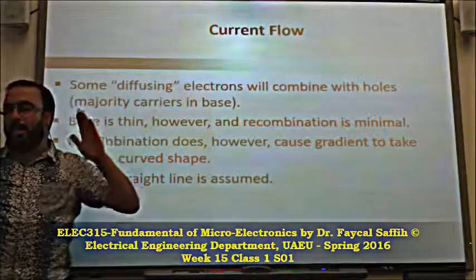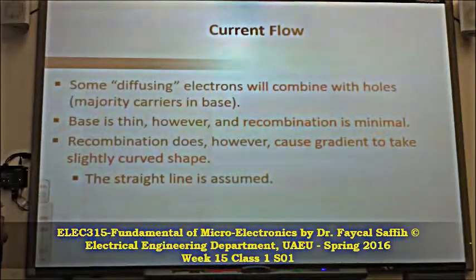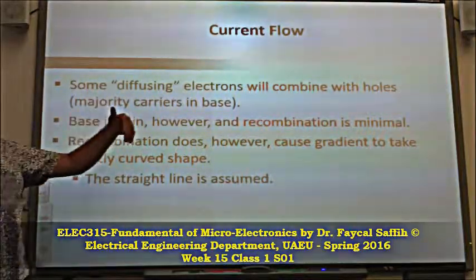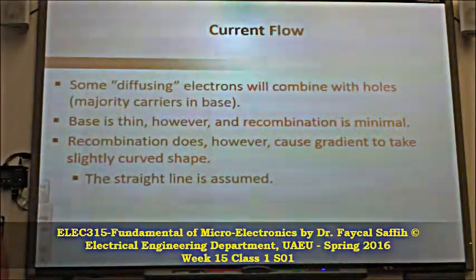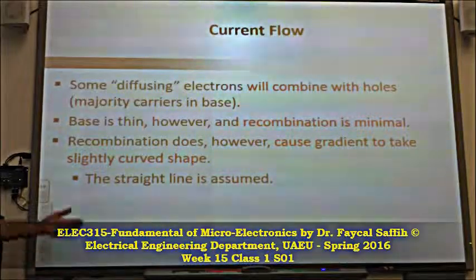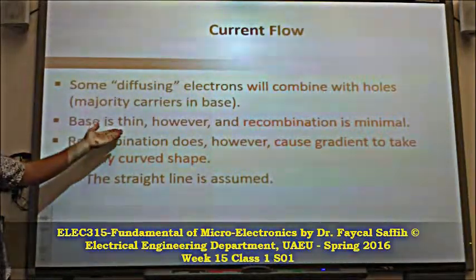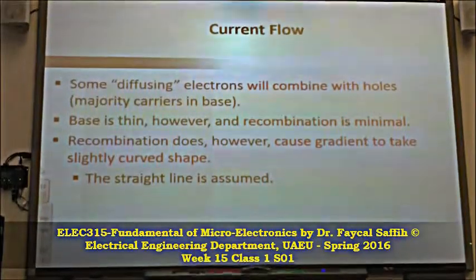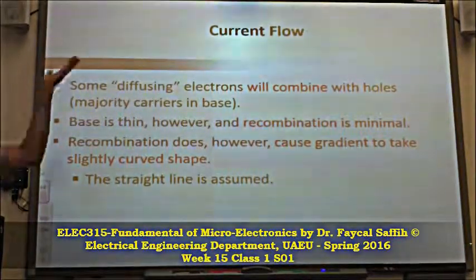Of course, we said that some electrons will die in the base. They combine with holes, which are the majority carriers there in the base. We said that. The base is thin, however, and the recombination is minimal. We try to make the base as small as possible because we need the electrons to move, yes or no?